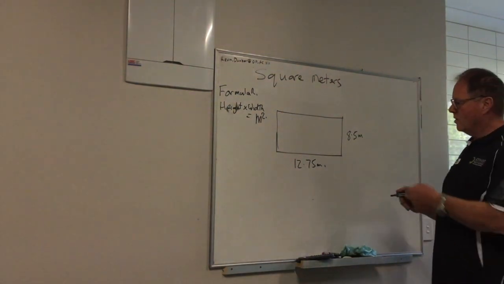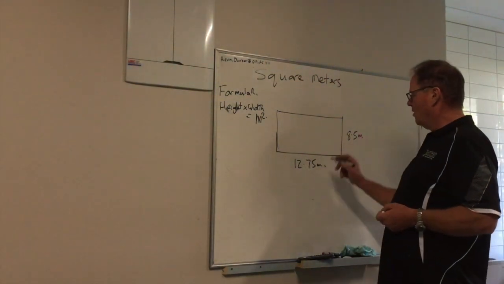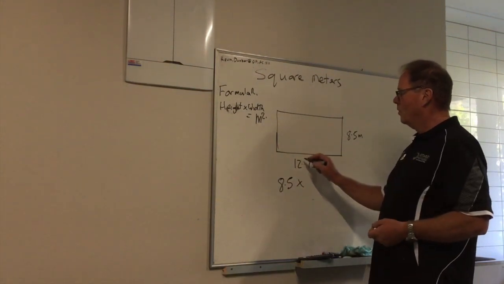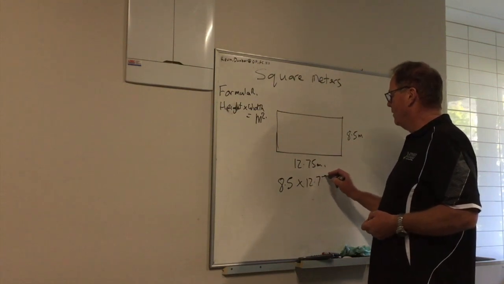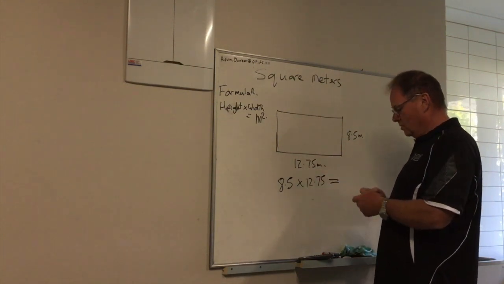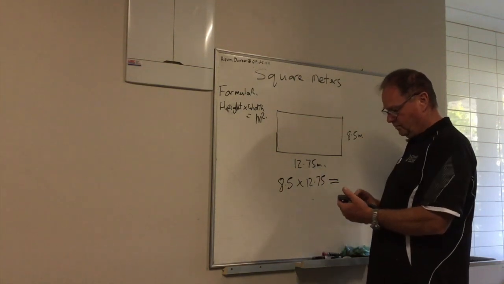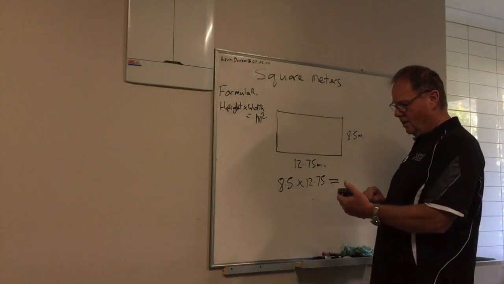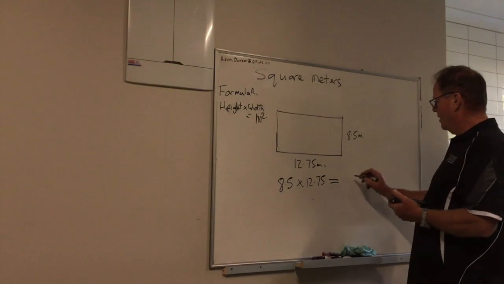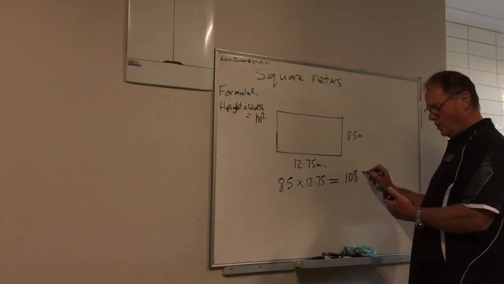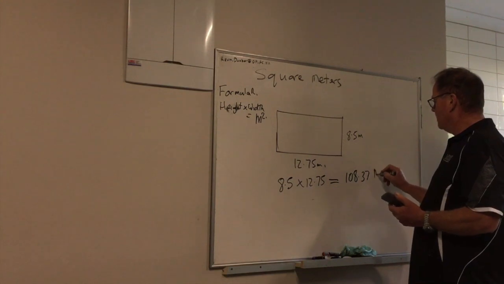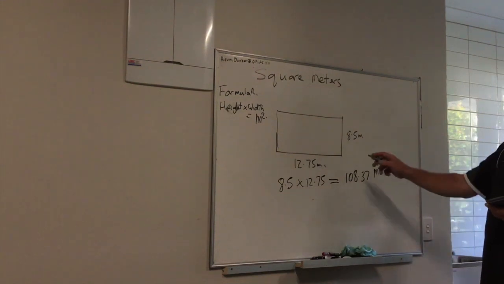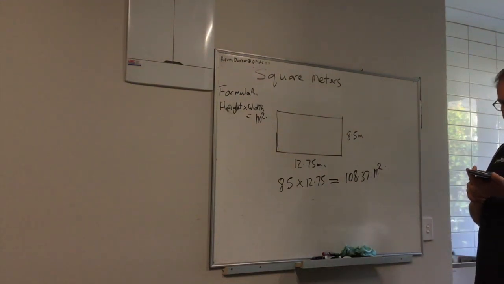So for this first one, 8.5 times 12.75 equals 108.37 metres squared. That's the typical size of an old early house, just over 100 square metres.